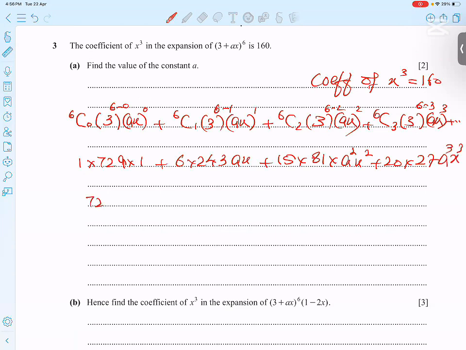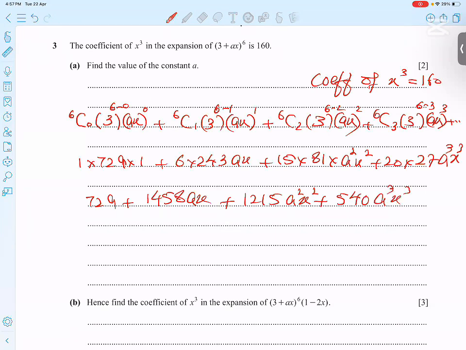So 729 I get from here. 243 times 6, I'm getting 1458AX. 15 times 81, I'm getting 1215 a squared x squared. And 20 times 27, I got 540 a cubed x cubed.